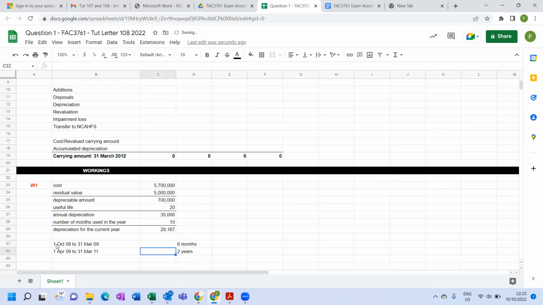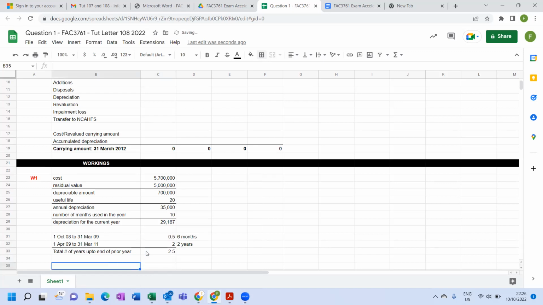So 2 years is 2, and 6 months is 0.5. The total number of years up to the end of the prior year gives you 2.5 years.